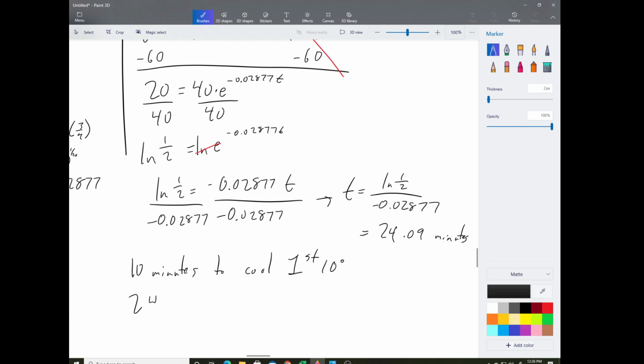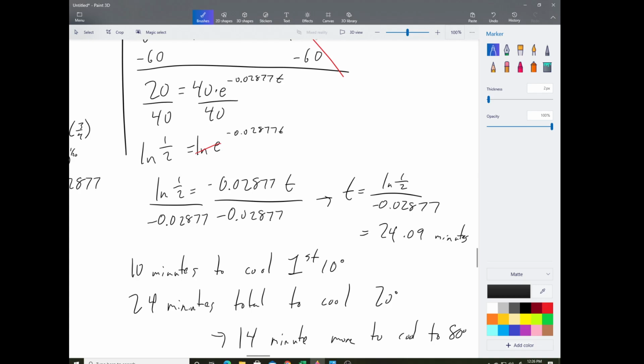And it's taking 24 minutes total to cool at this point 20 degrees. Ultimately, it's going to take 14 minutes more to cool to 80 degrees.